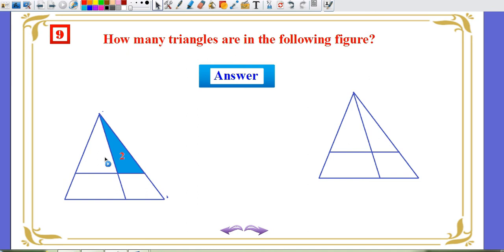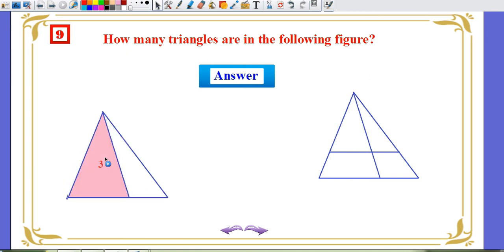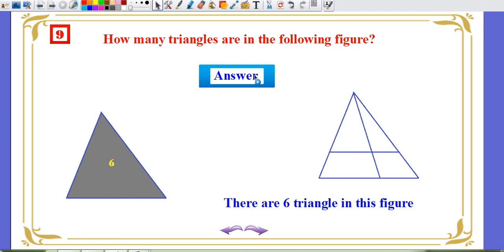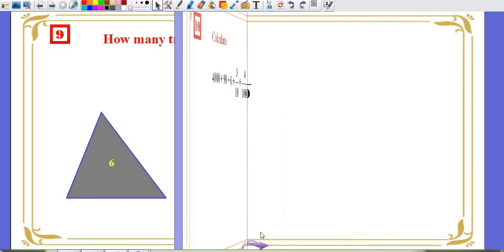And the second. And the third. And the fourth. This is the fifth. And the sixth. So the answer is we have 6 triangles in this figure. We continue with exercise number 10.